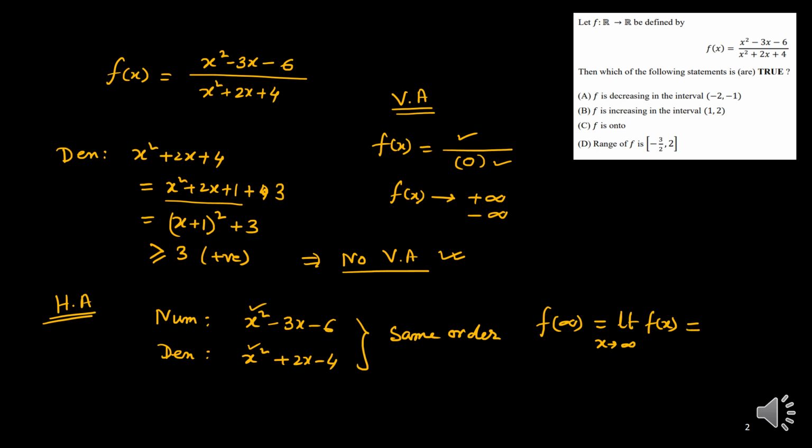The coefficient of x squared in the numerator is 1 and the coefficient of x squared in the denominator is also 1, so it will become only 1. Just consider the coefficients of these terms, because they will dominate. The rest we can ignore as x approaches infinity.